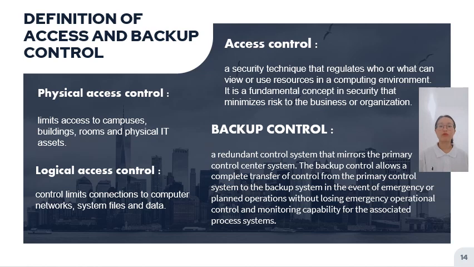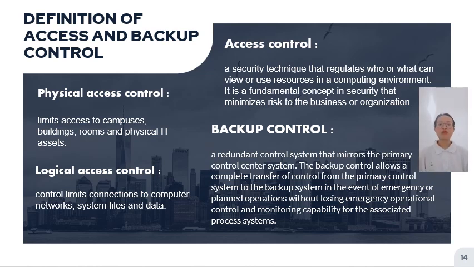Now, I'm going to present about what is access control. Access control is a security technique which regulates who or what can view or use the resources in the computing environment of an organization.